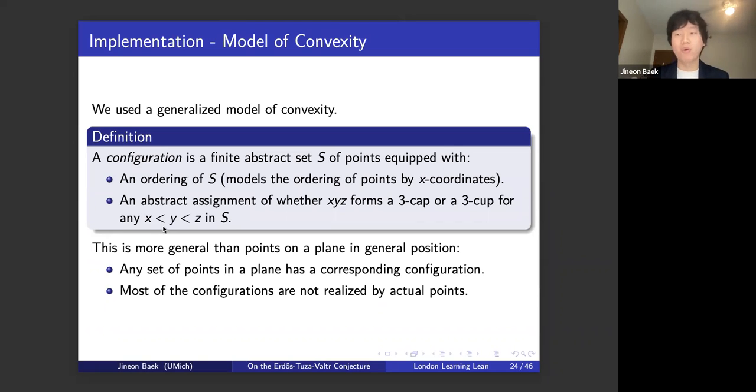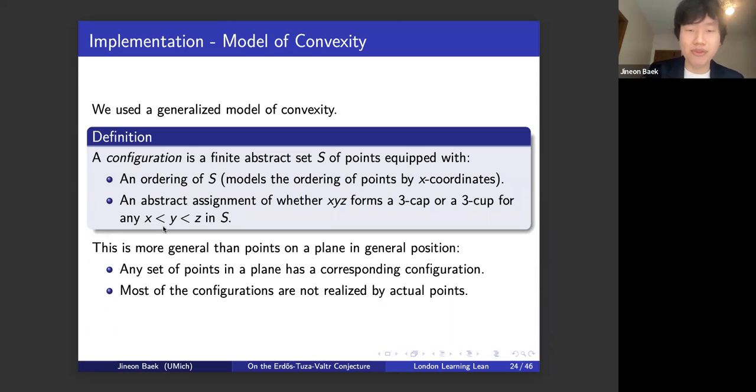First, I want an ordering of those points, and this is supposed to model the ordering of points by their x coordinates. And next is an abstract assignment of whether 3 points in increasing order x, y, z form a 3-cap or a 3-cup.